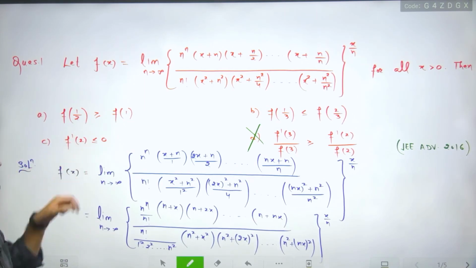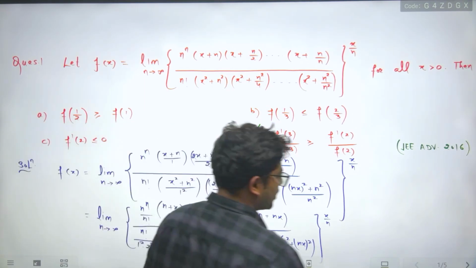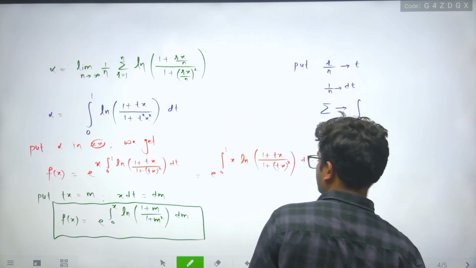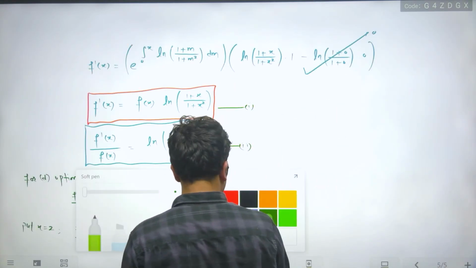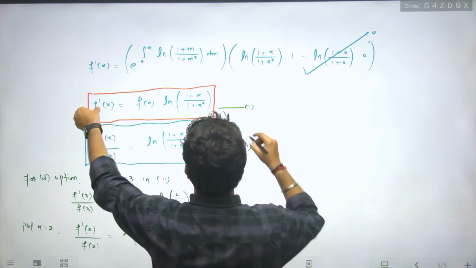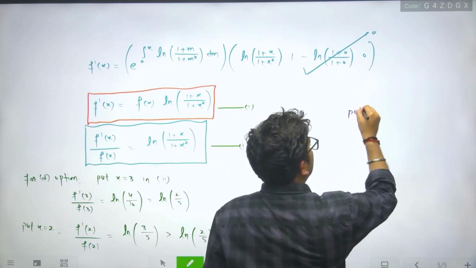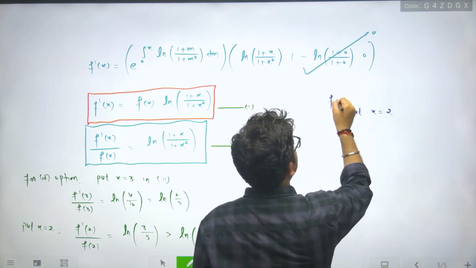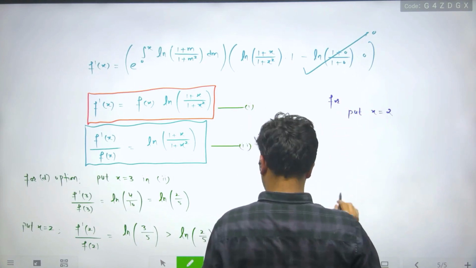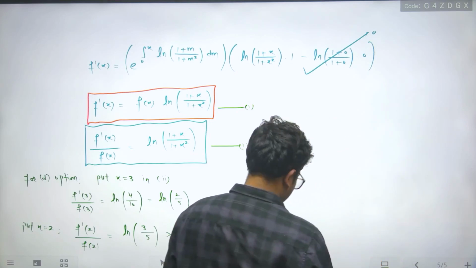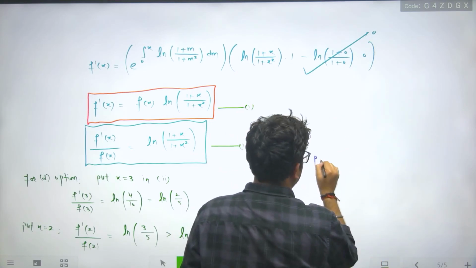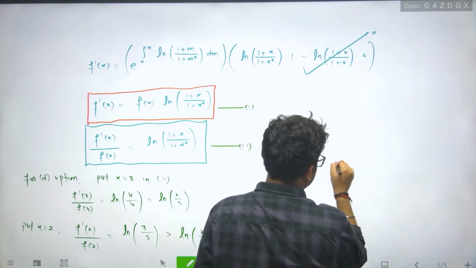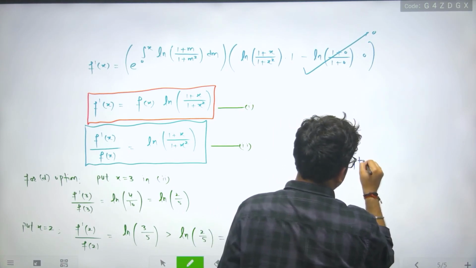Now check option C, that is f'(2) less than or equal to 0. Let's observe f'(2).